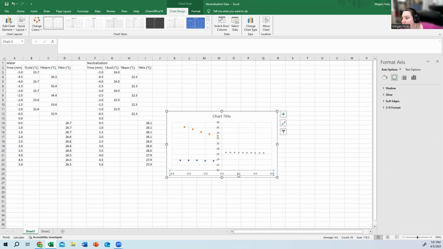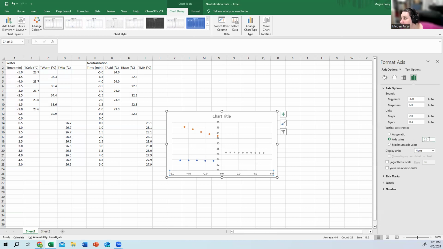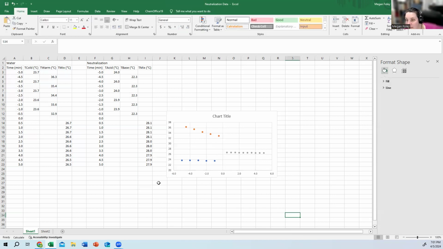We can do that by clicking on this axis, going to Format Axis, and we want the vertical axis to cross at axis value -6 minutes. So now it looks something like that instead.